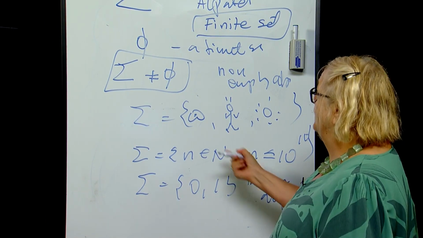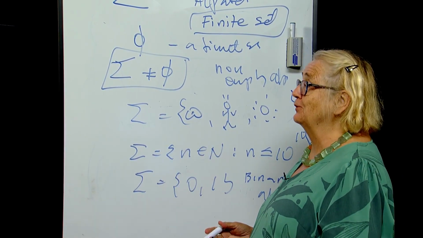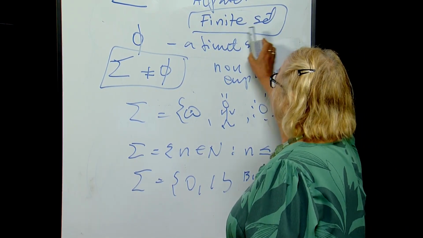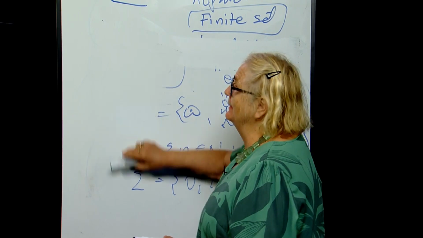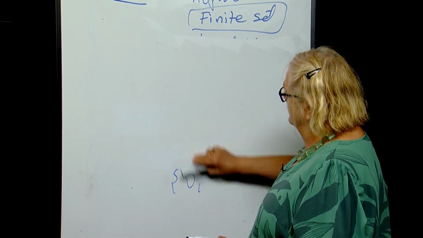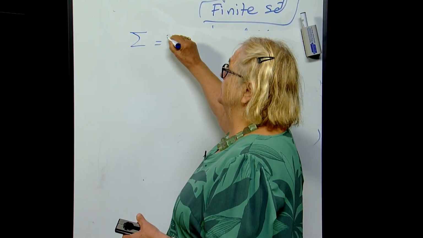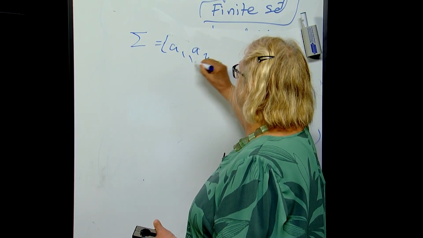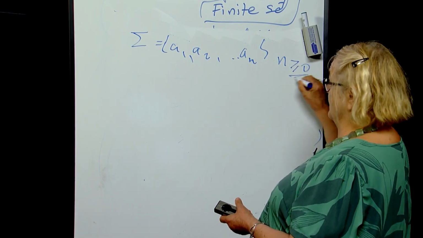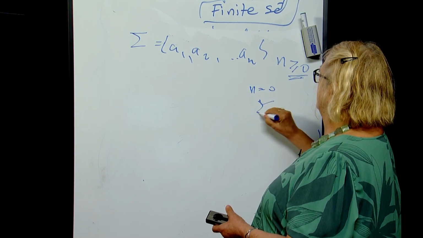Of course, we are not using arbitrary symbols when we want to talk about alphabets, so we will have a certain way of denoting the symbols of an alphabet. Because an alphabet is a finite set, we will usually write that the alphabet is a1, a2, ..., an, with n greater or equal to 0. N equals 0 means sigma is the empty set.